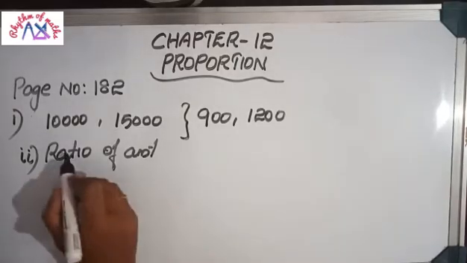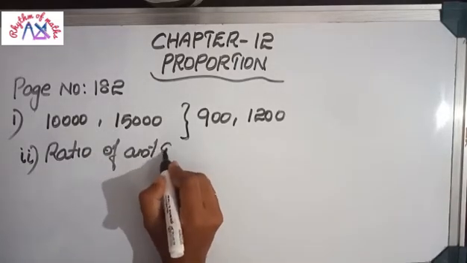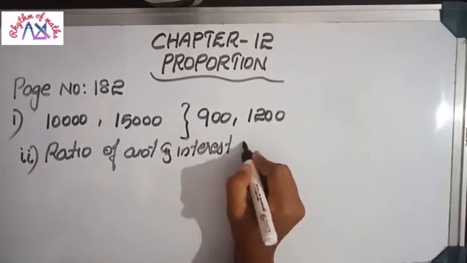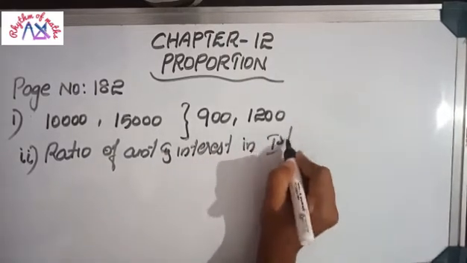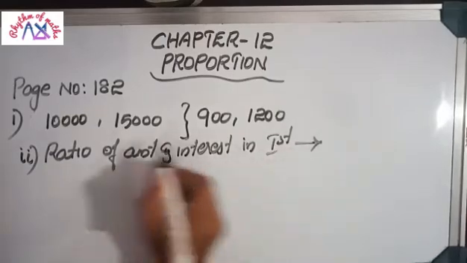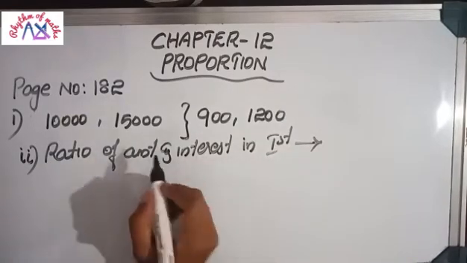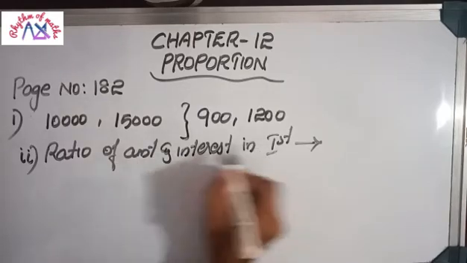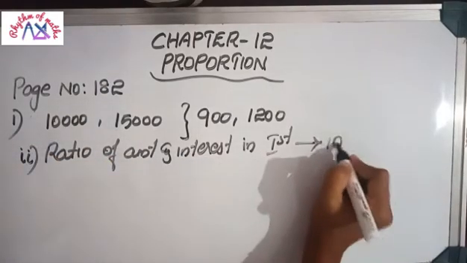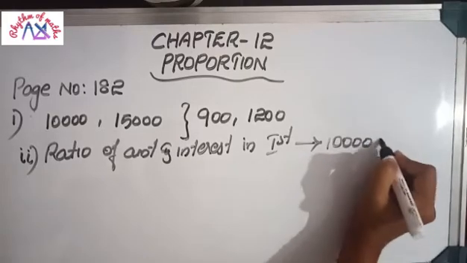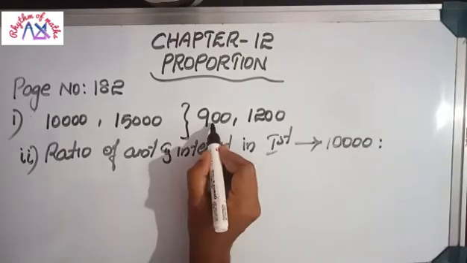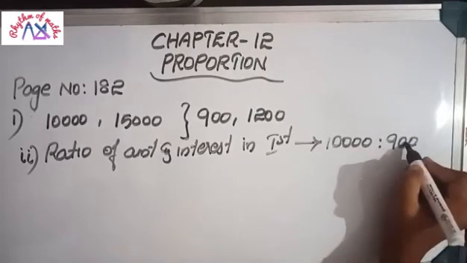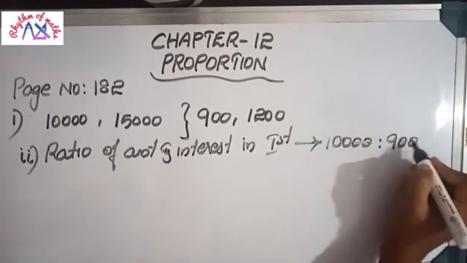Second sub question is, what is the ratio of amount and interest in the first scheme? In the first scheme, amount and interest means amount is to interest. That is the way of writing. Amount in the first scheme is 10,000, so 10,000 is to interest in the first scheme, 900. 2 zeros are common, we can cancel.